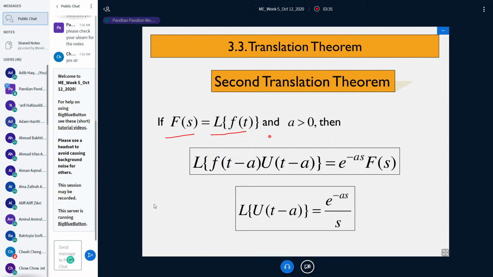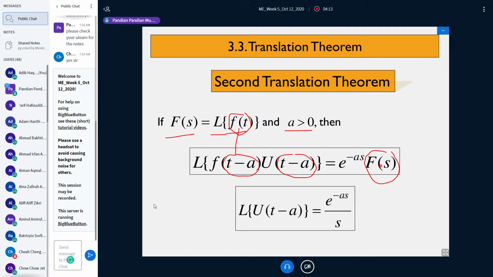Now, if capital F(s) is Laplace of f(t) and a greater than 0, then Laplace of f(t minus a) u(t minus a). This t minus a must be the same as this, otherwise it cannot. So Laplace of f(t minus a) u(t minus a) equals e to the power of minus as times F(s).